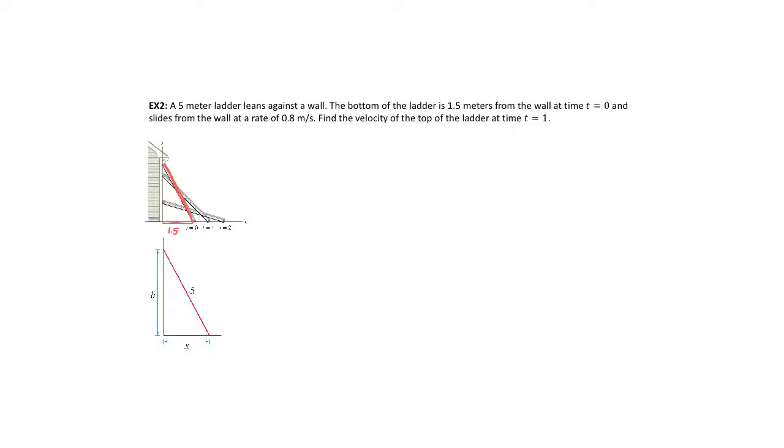And if you wonder why, it's all because of the physical aspect of what is happening here. Gravity is a force that acts down. So because the top is going downward, it is under the effect of gravity. So gravity is causing acceleration, is affecting the acceleration of the top of the ladder.